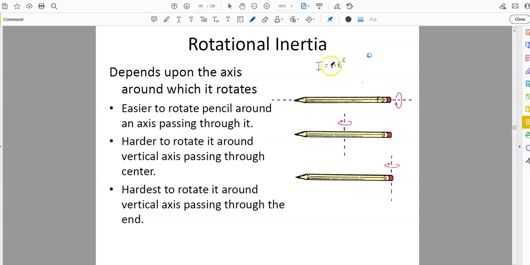Because if a lot of the mass is close to the central axis, which is what r is, low, then that is going to make the moment of inertia really low by the square of that number, right?